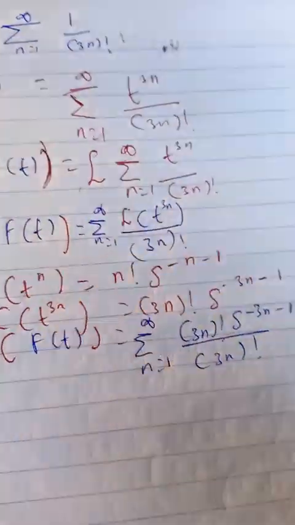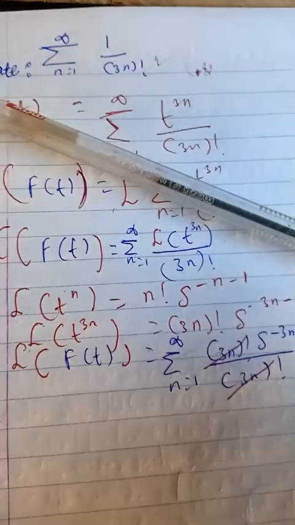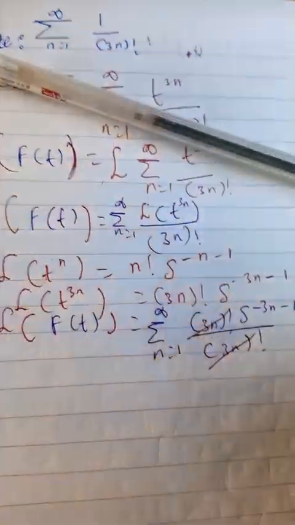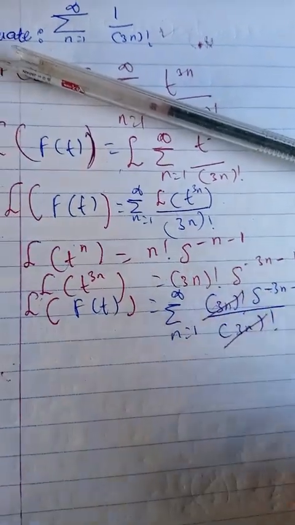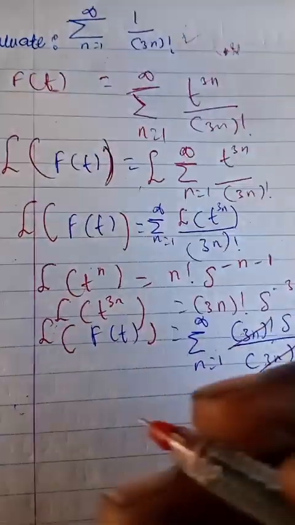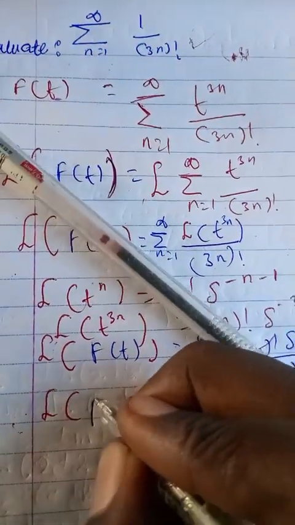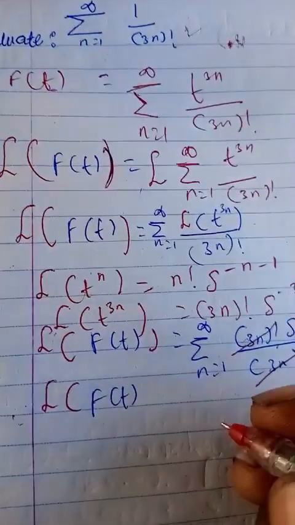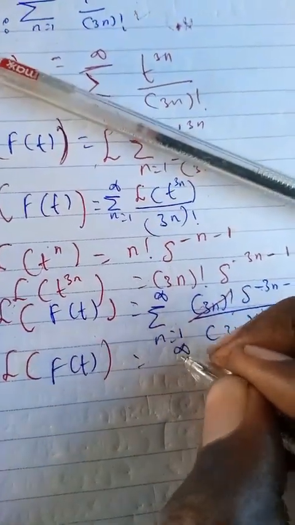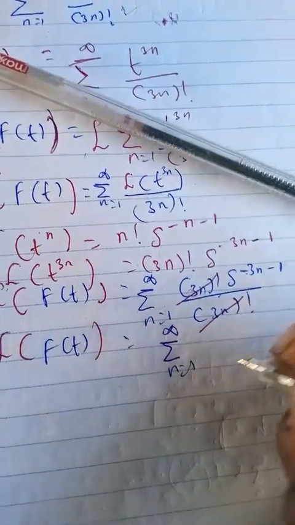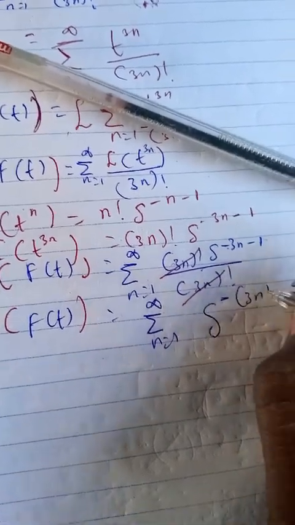We can see clearly that 3n factorial cancels 3n factorial. Don't forget, we can still factorize the negative sign out. So the Laplace transform of f of t is equal to the sum of n running from 1 to infinity of s raised to the power of minus into bracket 3n plus 1.